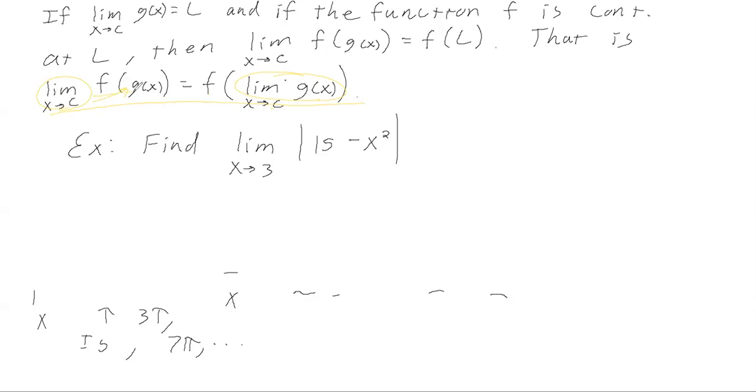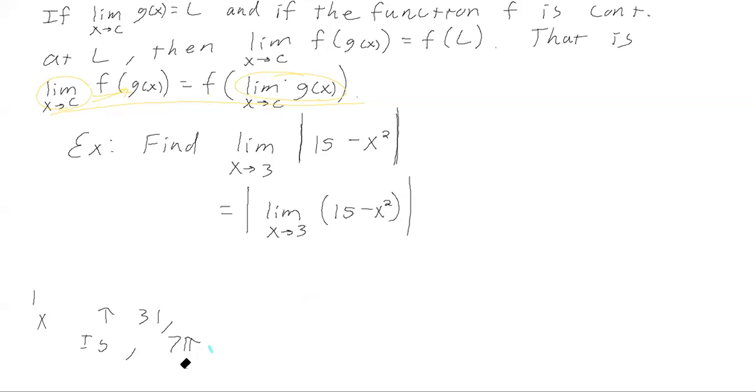So basically, on this problem, I have the absolute value function as my outside function, and I have 15 minus x squared as my inside function. So what I try to do is bring this limit to the inside of my absolute value signs and see if that limit exists, first of all.